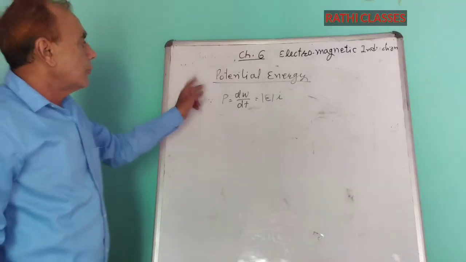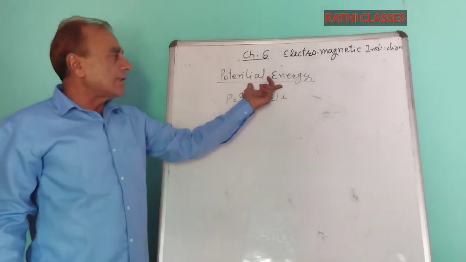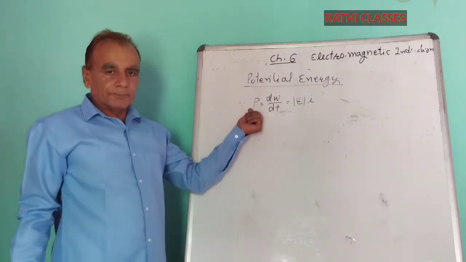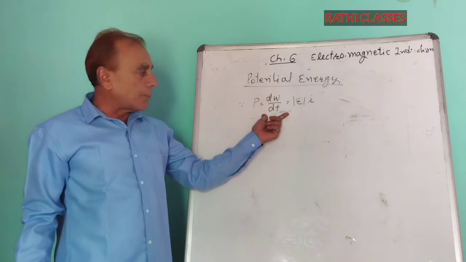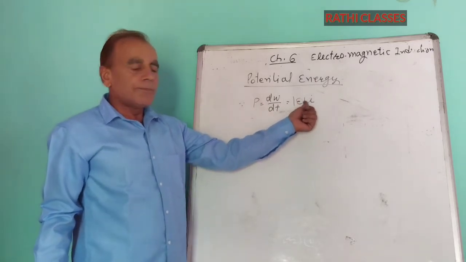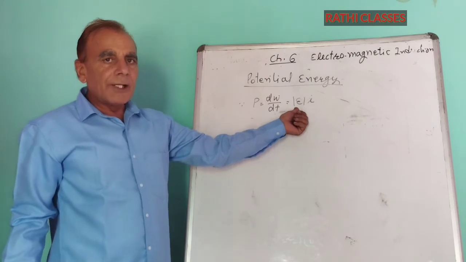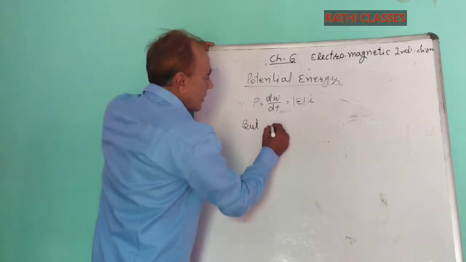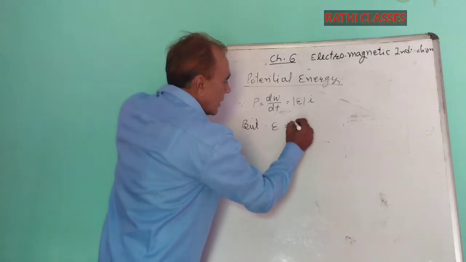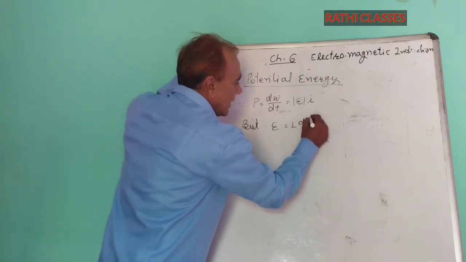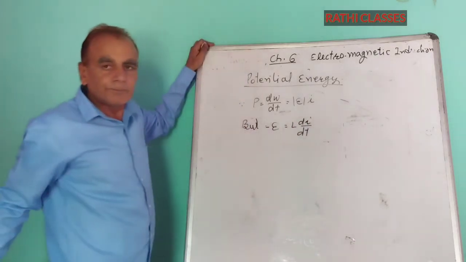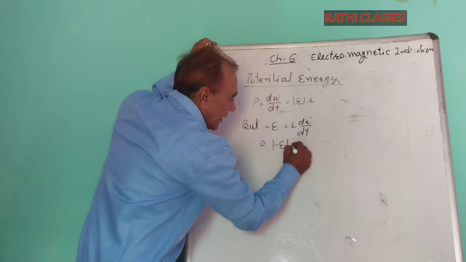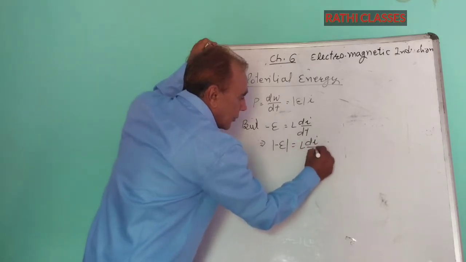Now we start the second topic, potential energy inside a solenoid. Because we know power P is equal to dW upon dt, which is equal to EI. E is the EMF, but E is equal to L di upon dt, implies minus E is equal to L di upon dt.